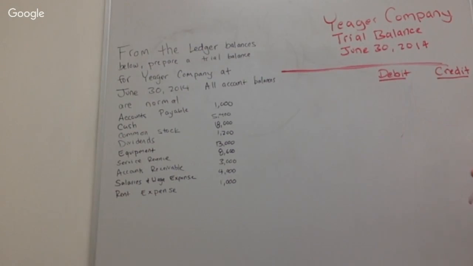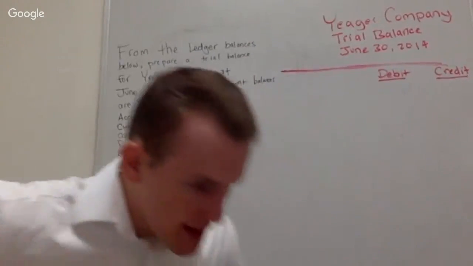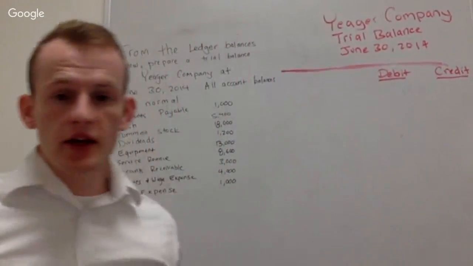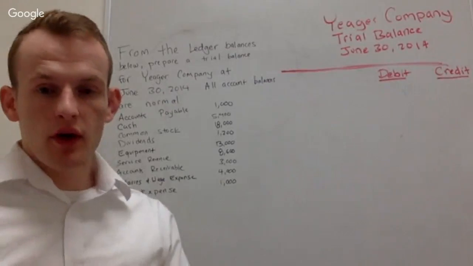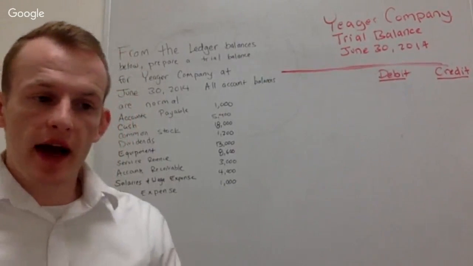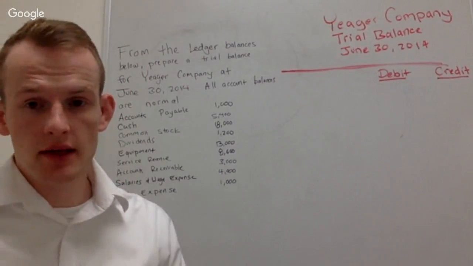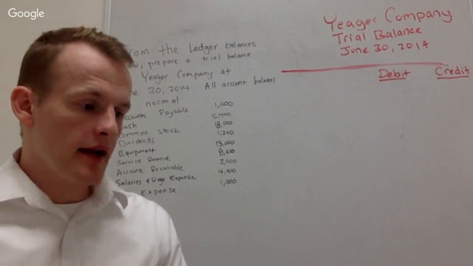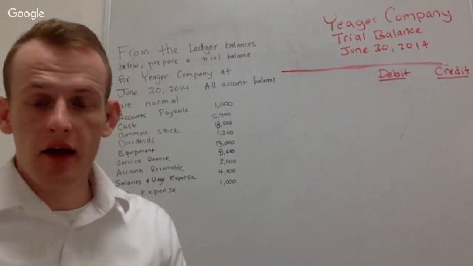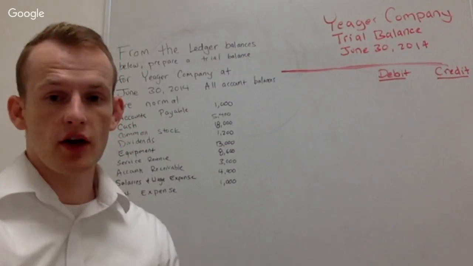Our first step is to identify whether these accounts are liabilities or assets. Once we determine that, we can determine whether they're increasing or decreasing, and that tells us whether the account balance belongs in the debit or the credit column.